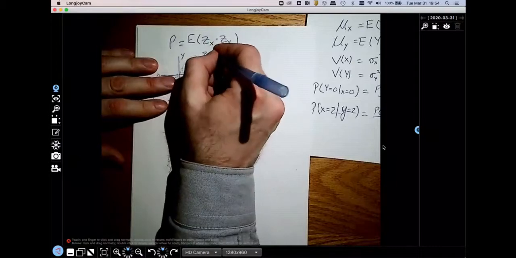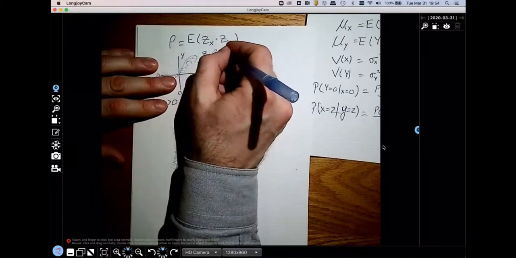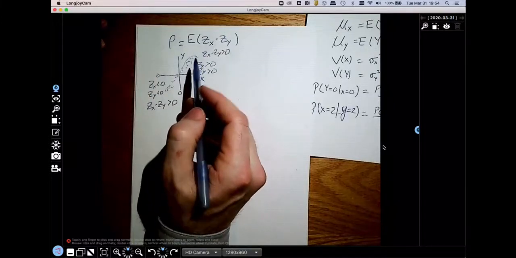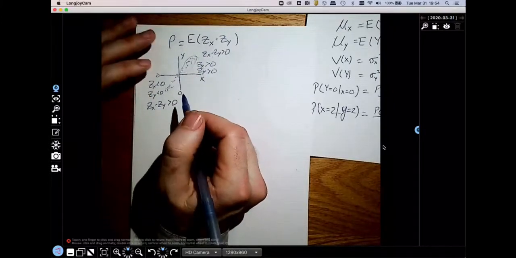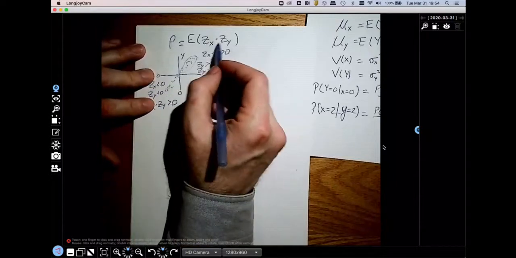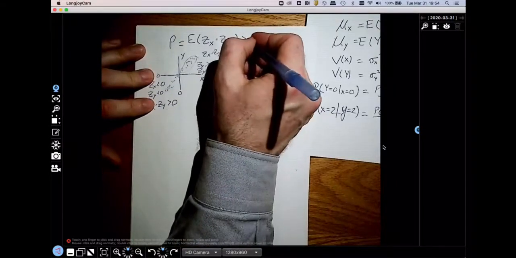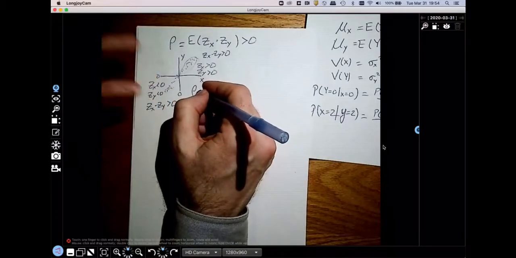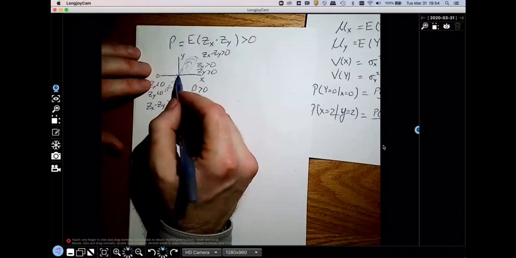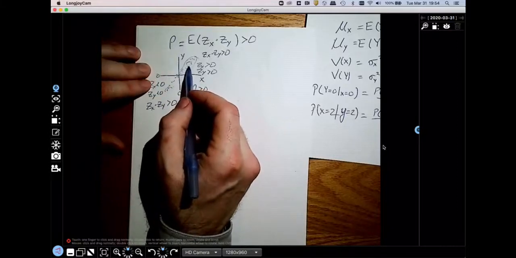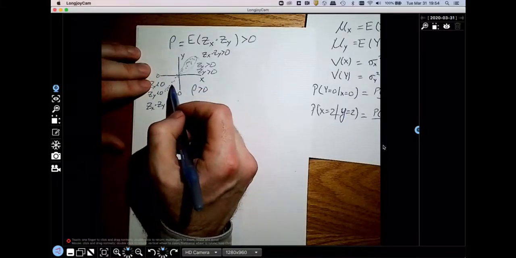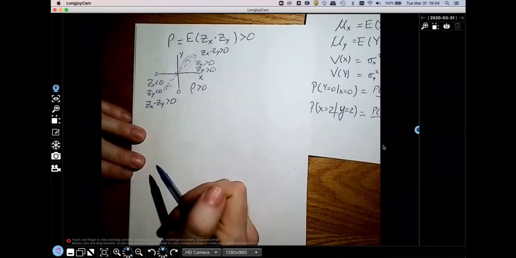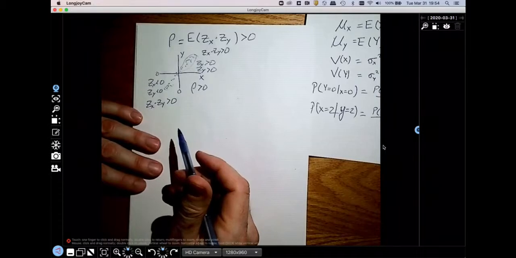Likewise, zx times zy will usually be positive out in this region. So on the average, the product of these z-scores will be positive. So rho in this case will be very large because we're taking the product of a bunch of positives and a bunch of negatives, which give us positives, and we end up with a positive correlation coefficient.